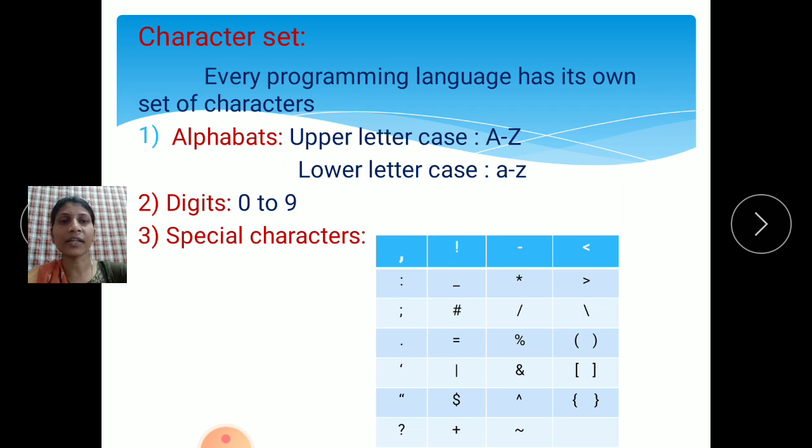Then special characters, meaning which types of special characters we are using in programming languages. See here, in the first column this is the comma. Then colon, which is two dots. Then semicolon. We use the semicolon in programming at the end of the printf statement and scanf statement, meaning the output and input statements.